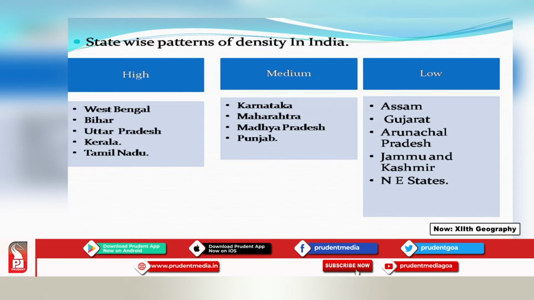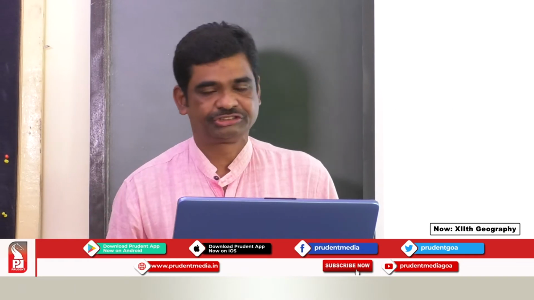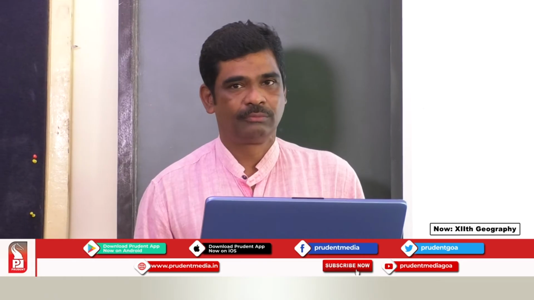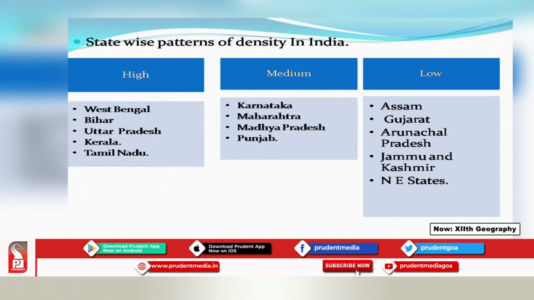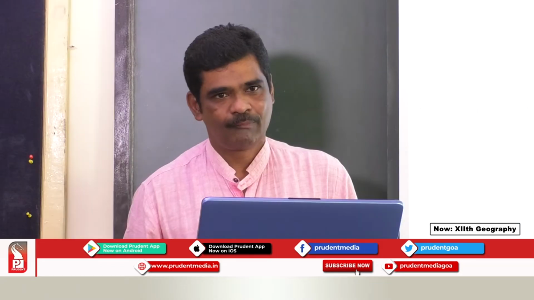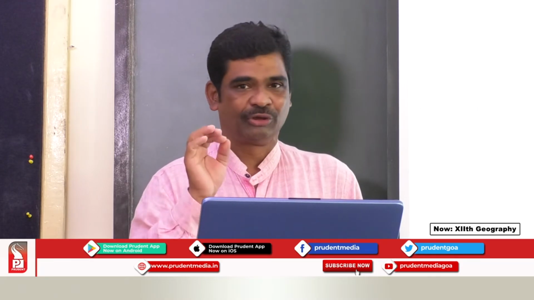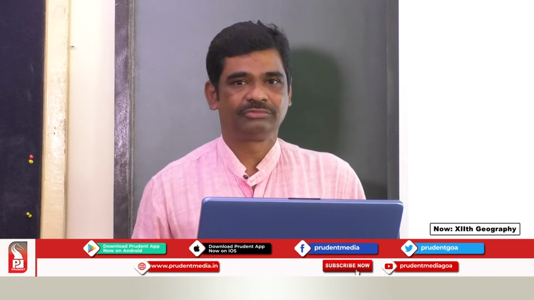The reason for high density of population is the fertile soils and historical concentration of population in those areas. Medium density states: Karnataka, Maharashtra, Madhya Pradesh, and Punjab. Why? Because of the fertile soils, availability of water, and nowadays concentration of industries.